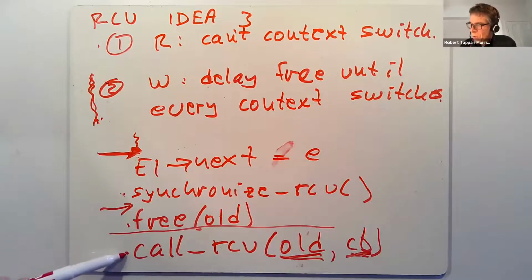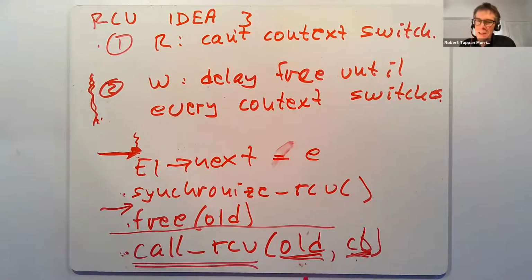On the other hand, you're discouraged from using it because if the kernel calls call RCU a lot, then the list that holds these values can get very long, and it means that there may be a lot of memory that's not being freed. This list grows very long.